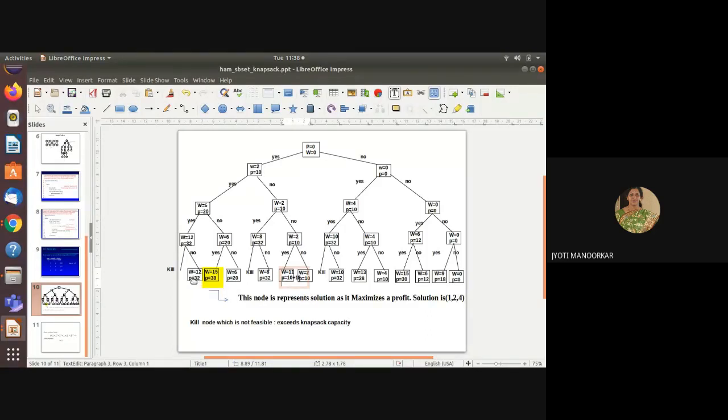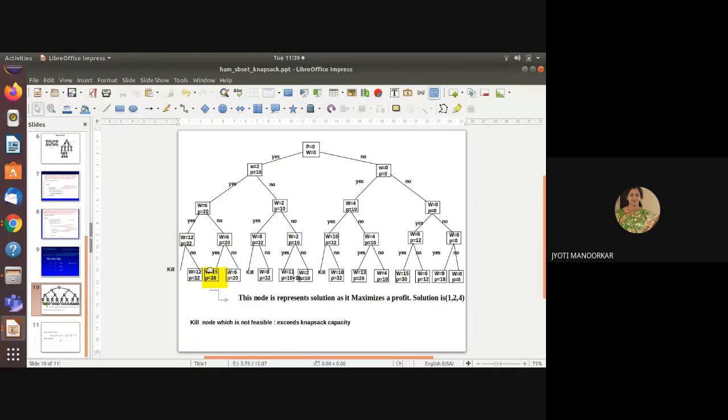So here I have p is equal to 32, here I have p is equal to 38. So this node has quite a higher value. Check if there is any other leaf node with a value greater than 38. There is no such node. So only this leaf node has the maximum value for the elements included in the knapsack. This represents the optimal solution because this node maximizes your profit.